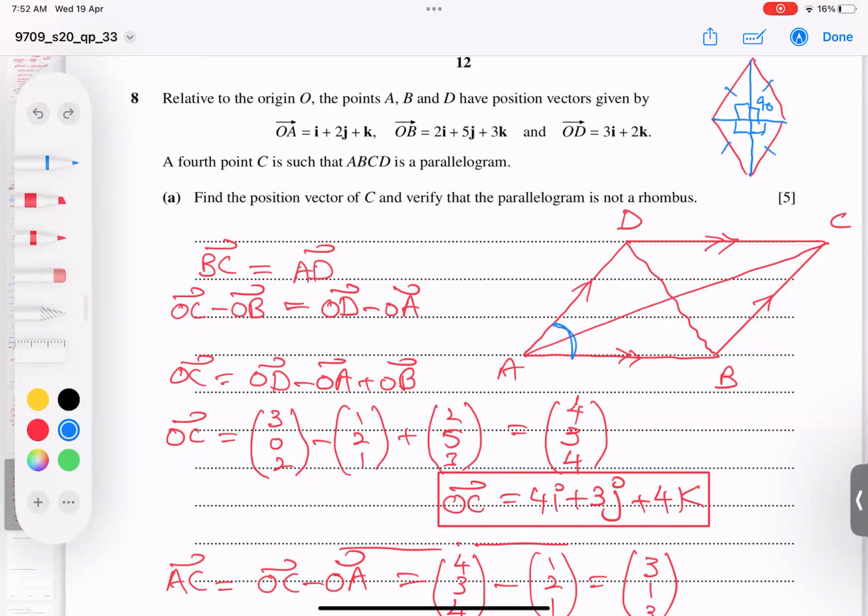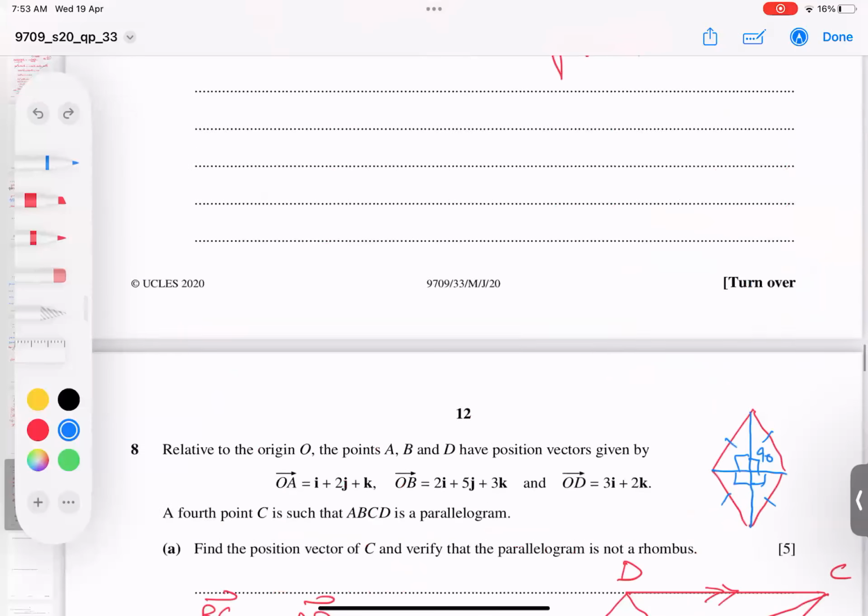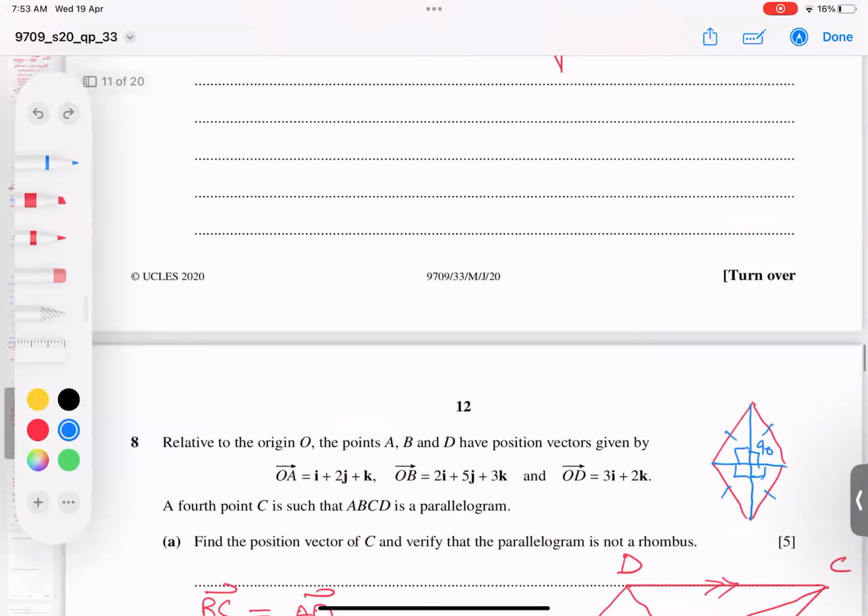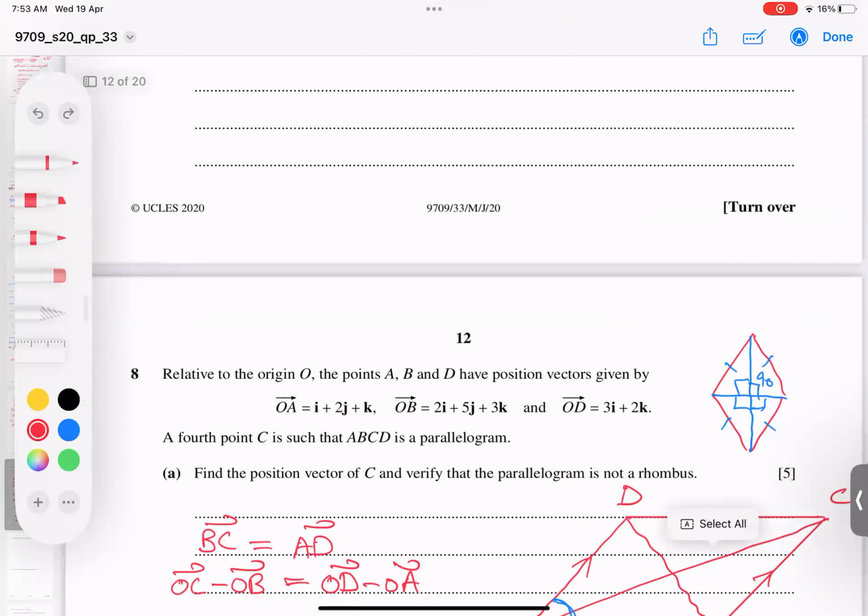And let's see AB and AD. So first of all, what is AB? So AB I'll find from here. What is the technique to find the AB vector? OB minus OA.